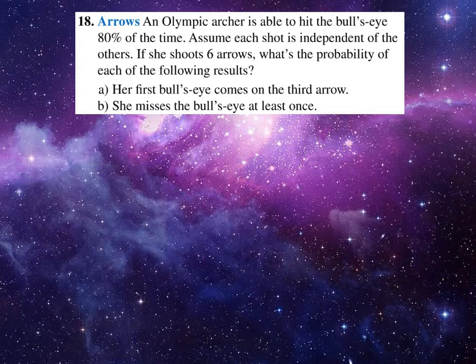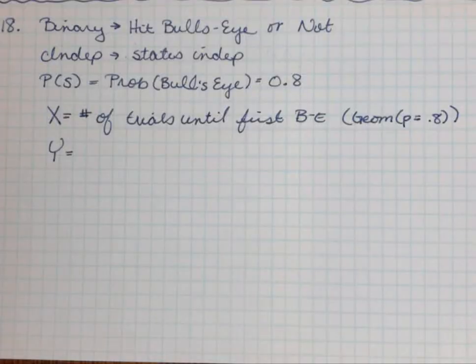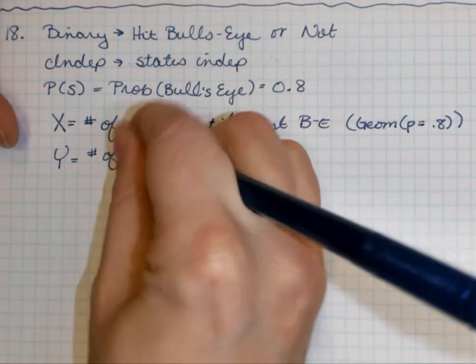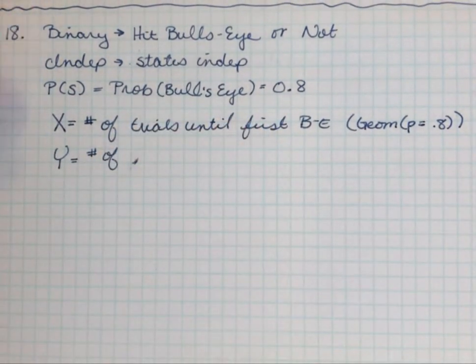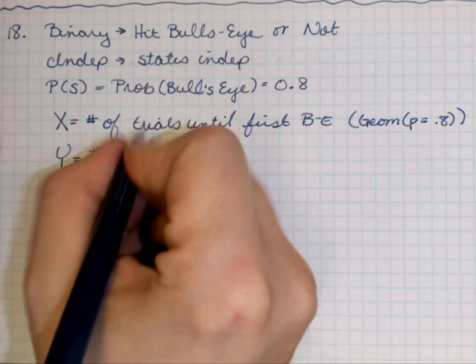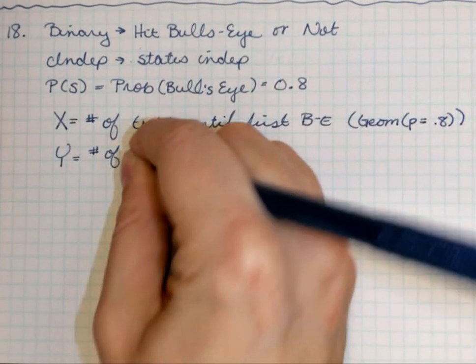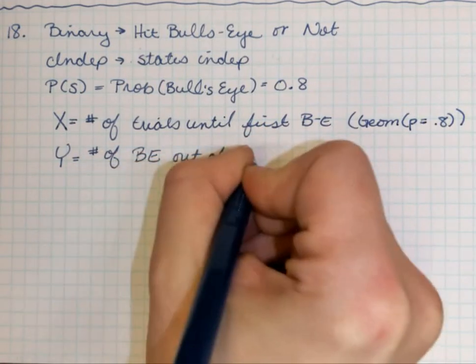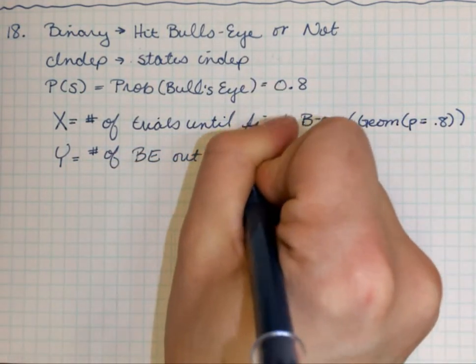Is that geometric? Is that binomial? She misses the bullseye at least once. Is that a go until problem? No. So what that is, that's the number of successes. What do you say Y is? So Y is the number of bullseyes out of, and we said 6.